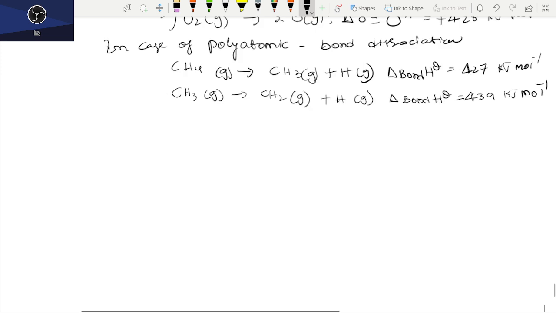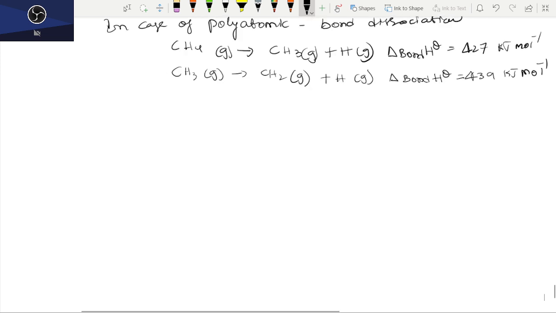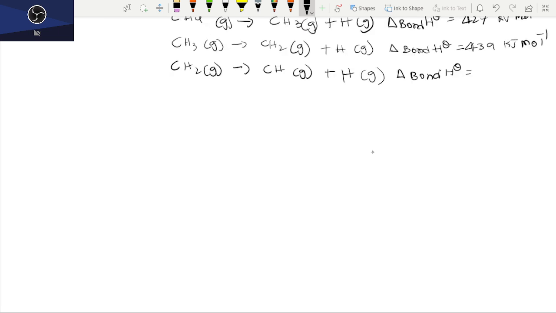CH2 in the gaseous state forms CH in the gaseous state along with hydrogen in the gaseous state. Delta bond H value for CH2 is 452 kilojoules per mole.